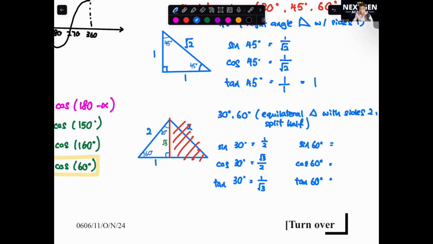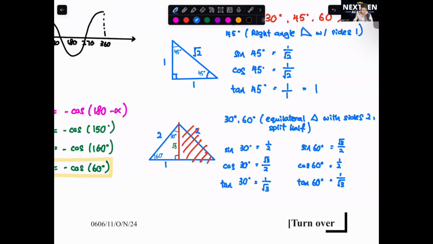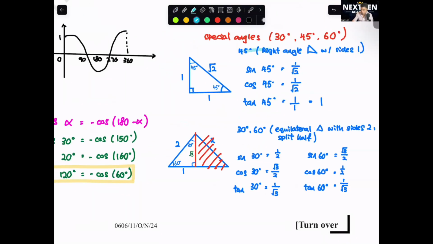For 60 degrees, we do the same thing again. SOHCAHTOA: sine is root 3 over 2, cos is 1 over 2, and tangent is, sorry, my bad, root 3 over 1. Okay, thanks, Chloe. We did so long already; actually we just need one value, which is this one.